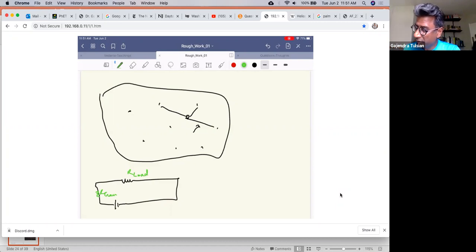So the power being supplied is V times I, which is the voltage of the battery times the current. It's also equal to the current flowing through times the total resistance in the circuit, which is the transmission resistance plus the load resistance.